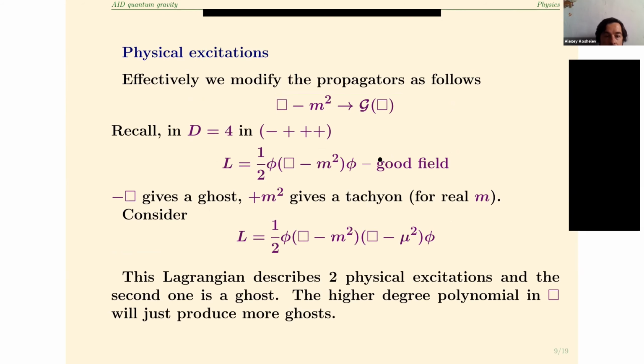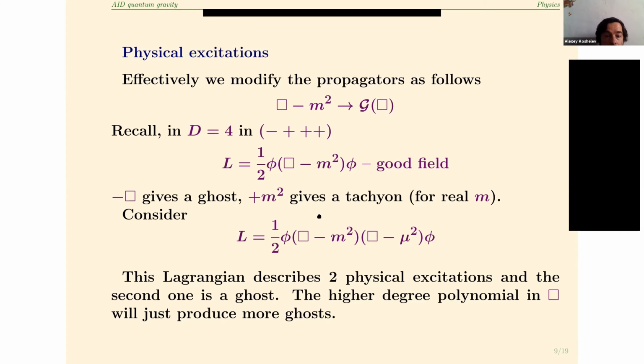Imagine for the moment that we consider just a scalar field theory with box minus m squared kinetic operator. This is quite a nice theory, and in the minus plus plus plus signature, it's a good scalar field. Then we pretty much know that were it not box but minus box, it would be a ghost. Were it not minus but plus m squared for real m, it would be a tachyon.